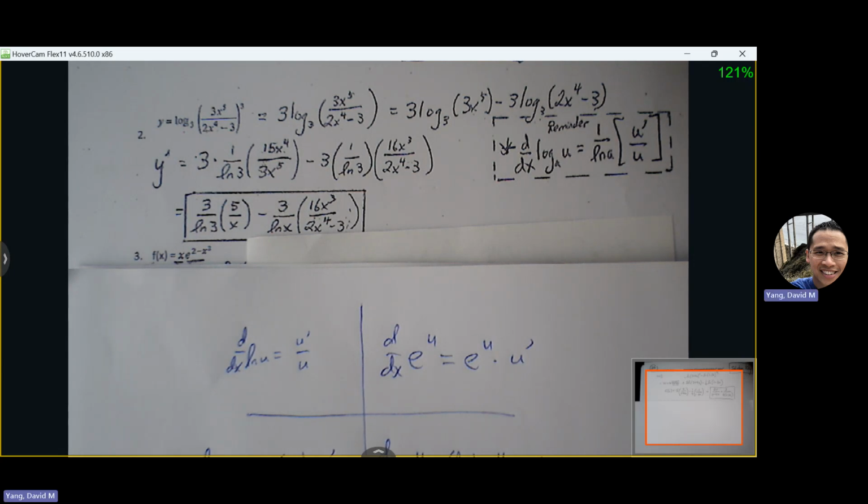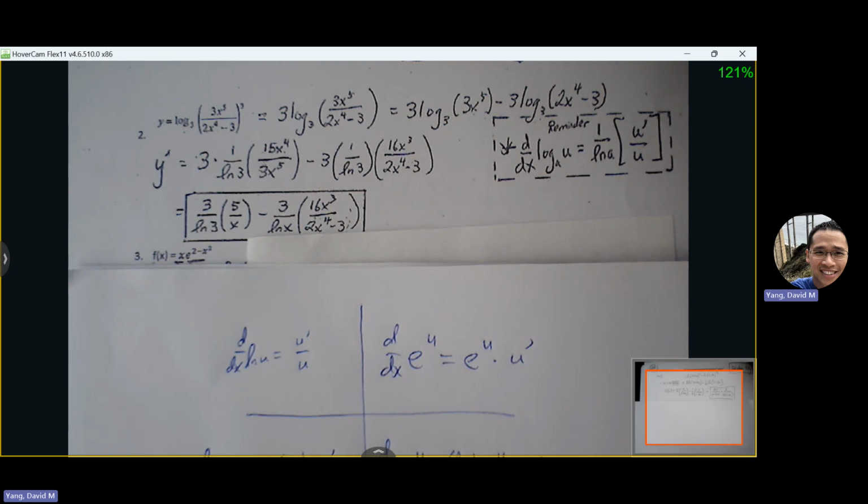All right, number 3, x times e to the 2 minus x squared. What do you see here? What derivative process do we have to make sure we, yeah. 16. Oh, no, it should be 8x cubed. I think I was raising that to a power.